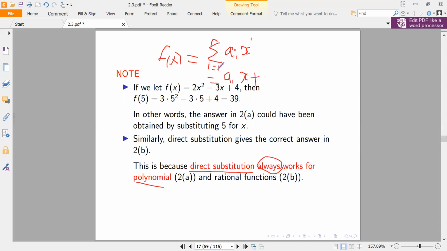Let's say n ends with 3. So this should be i minus 1. When i is 1, it will be 1 minus 1, which is 0. Then when i is 2, we get a2 x to the power 1, because that is 2 minus 1, plus a3.